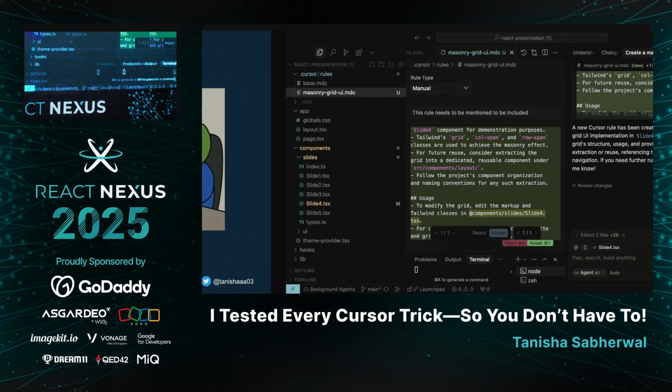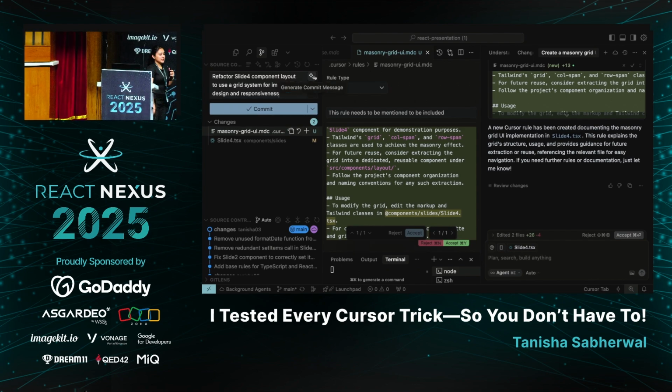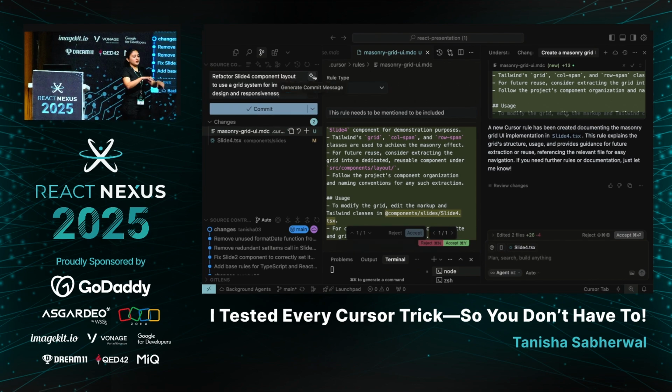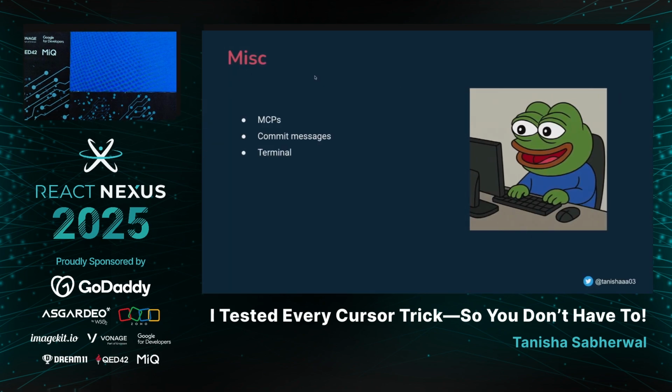But you can also generate commit messages from here, and it does a pretty great job. So no more random commit messages for your code changes. You can generate these commit messages and you're good to go.